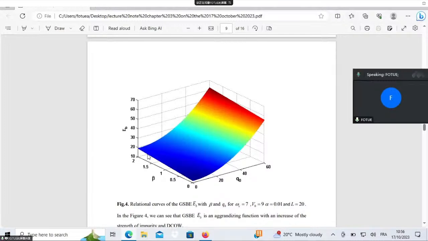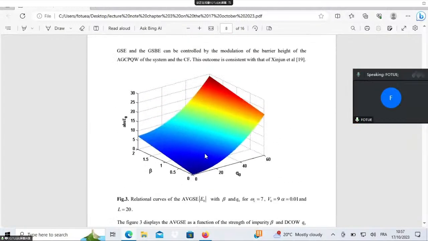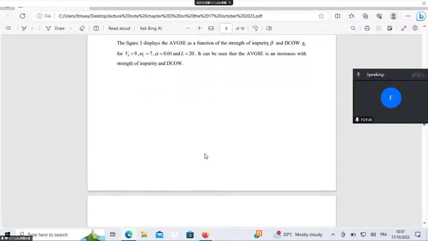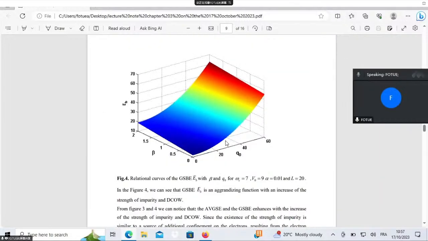Let us look also at the behavior of the binding energy related to the cutoff wave number Q0. As we see in the graph before, this binding energy is still an increasing function of the cutoff wave number Q0.